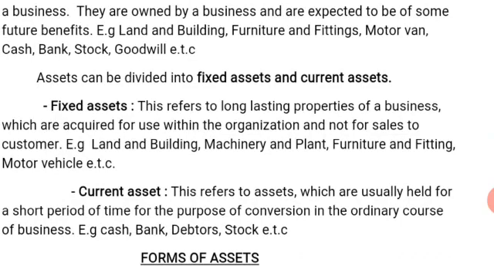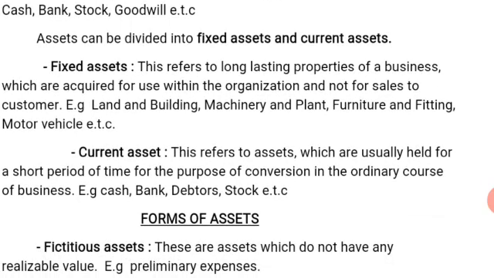Fixed assets are referred to as the long-lasting properties of a business which are acquired for use within the organization and not meant for sales to customers.